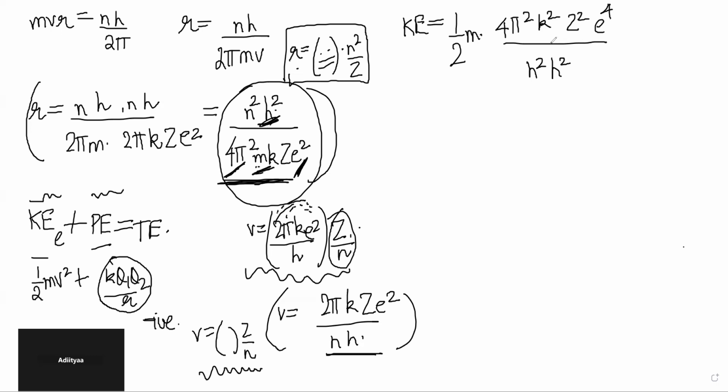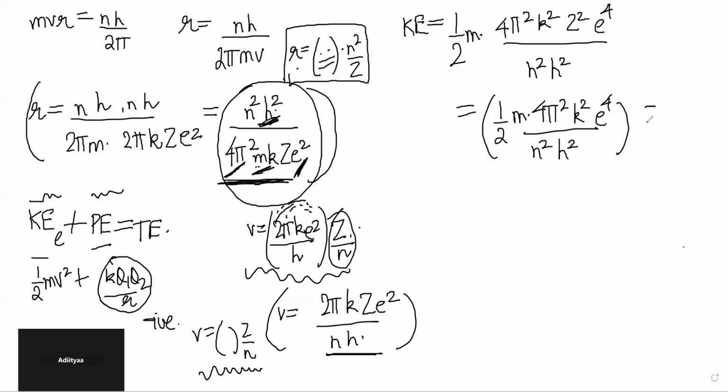So notice here that you are getting half into m into 4 pi square k square e power 4 by n square h square and Z square, actually n square I will keep outside, Z square by n square, right?